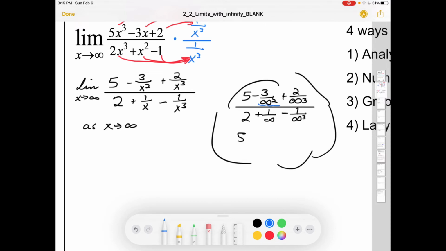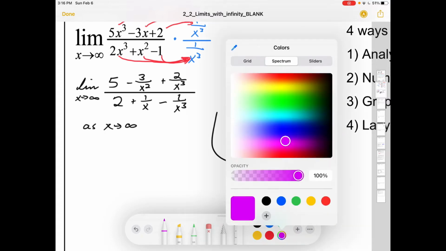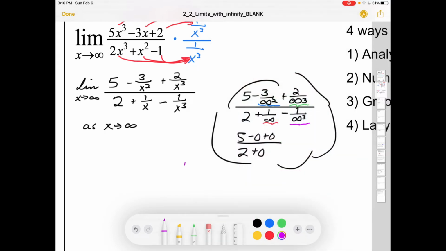This guy right here, 3 over infinity squared, that is basically 0. This one right here, 2 over infinity cubed, that's also 0. This one right here, 1 over infinity, that is 0. 1 over really big is 0, or its limit is 0. And lastly, this one, 1 over infinity cubed, that's also going to be 0.